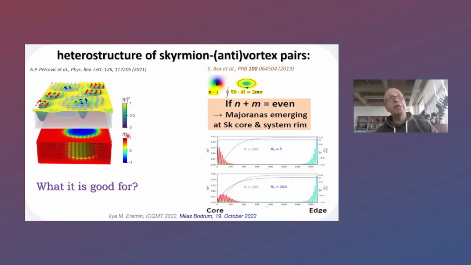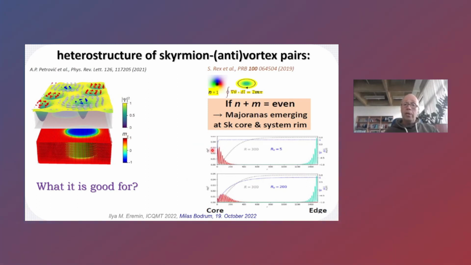Now, let me come back to the proposal that I said was unsuccessful, namely the prediction that you can have Majorana fermions underneath of a skyrmion in a superconductor. And I told you that the problem was that it appeared that for an odd vorticity of the skyrmion, this is not possible.